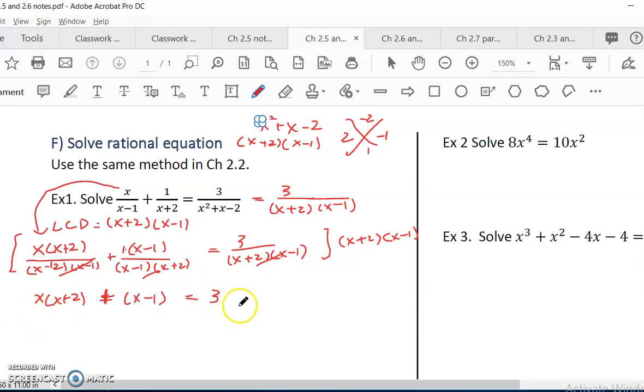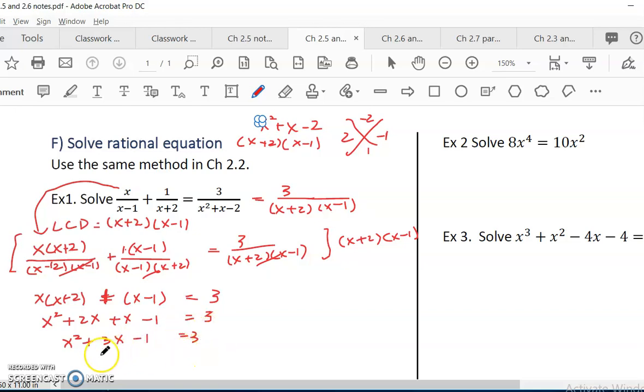Okay, so this is the equation. And you see that this is a quadratic equation. x squared plus 2x plus x minus 1, you distribute this, equal to 3. Now combine like terms, x squared plus 3x minus 1 equal to 3.